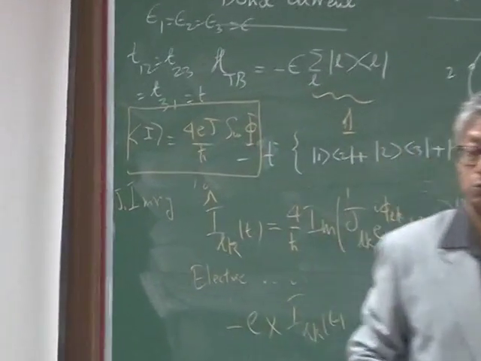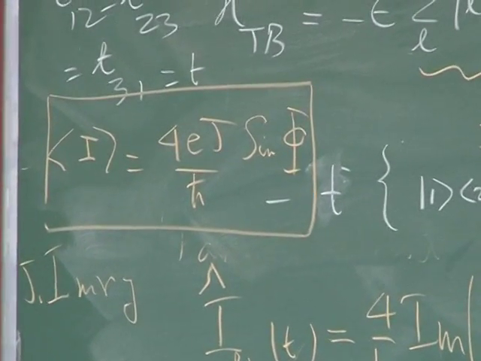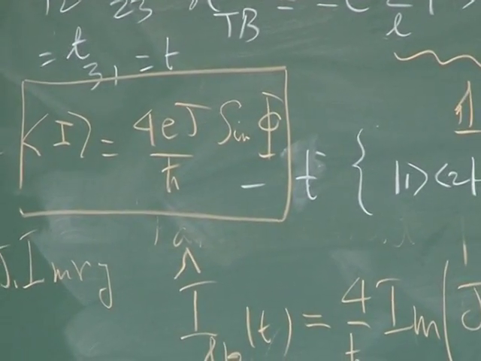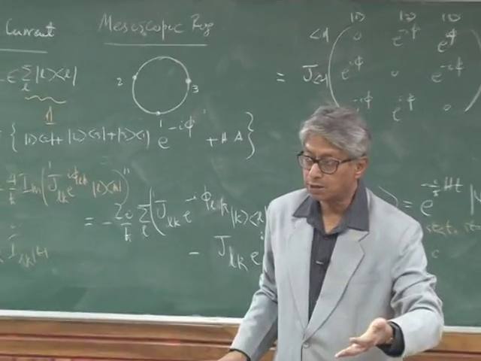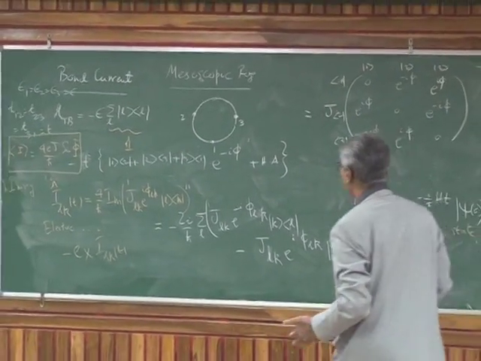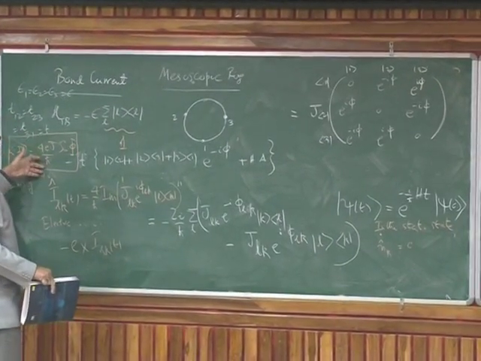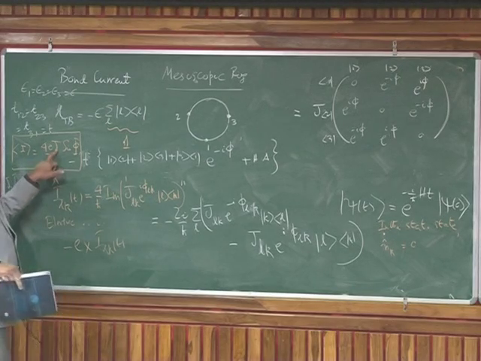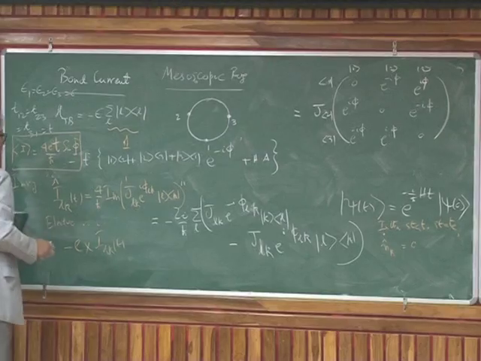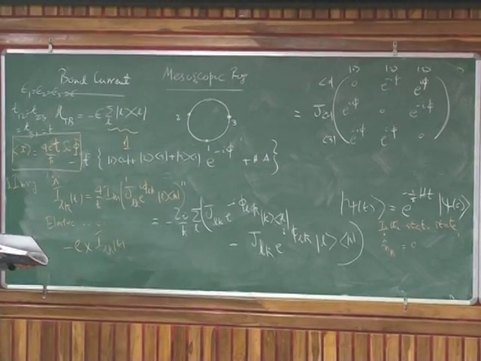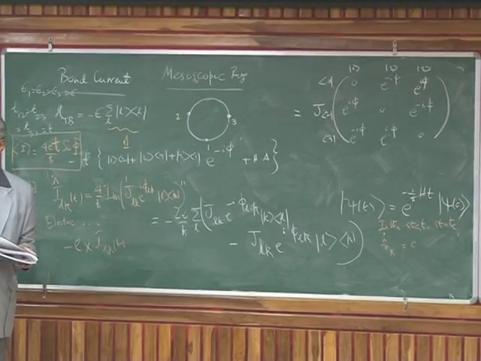What we are saying now is that between two sites, I stick in an ammeter, and I will see an electric current in the ground state. Which electric current, apart from fundamental constants, will depend on this T, right? The hopping parameter, as sine of the total flux, right?